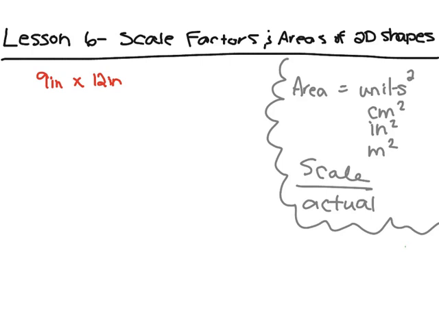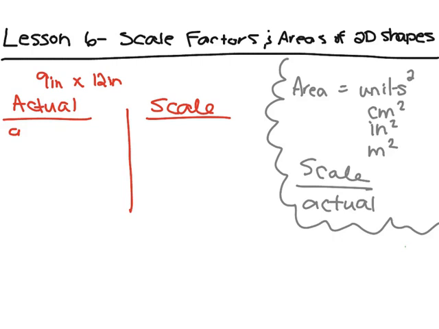So our scale is actually the projected image, because it's not the original. The actual size is our laptop screen. So we have 9 by 12 as the dimensions of the actual screen, and we know the area of the scale is 2,836.6875 inches squared.